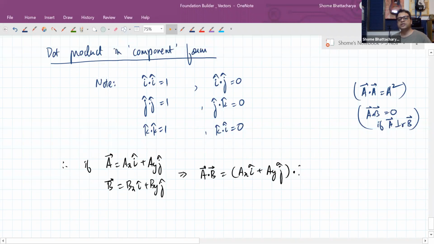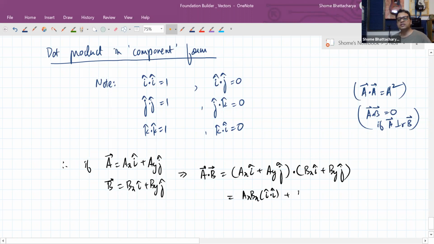So just express A and B in their component notation, and then expand this operation using the distributive property. So this will become Ax into Bx multiplied with i cap dot i cap, the first term dot product with the first term.